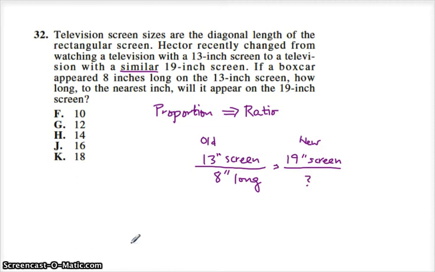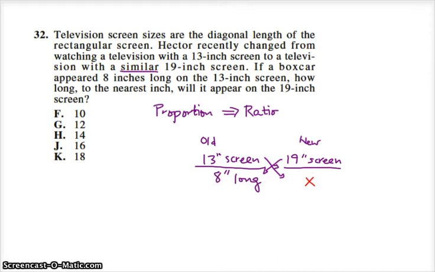So what do you do at this point? You got it, cross multiply. So that means we're going to take the 19 and 8 and multiply those together, and then the 13 times, I guess we should change this to an x, that would be good. So if we change this to an x, there it is.